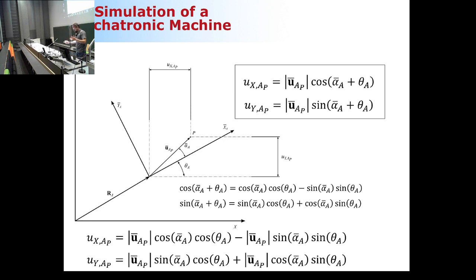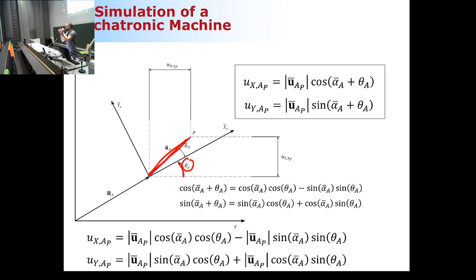So how does it go? I have here my vector u bar, and there are two important notations here. First of all, the body reference coordinate system is rotated by an amount of angle that is equal to theta. So it's rotating by an amount of theta. All right?